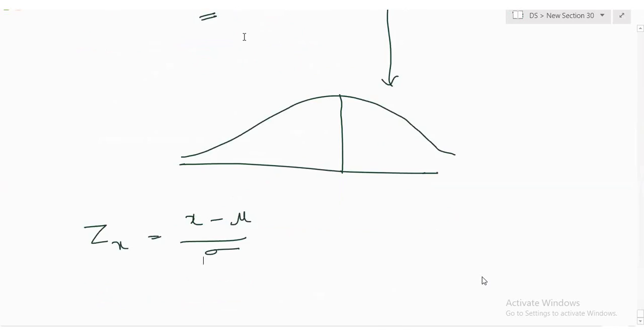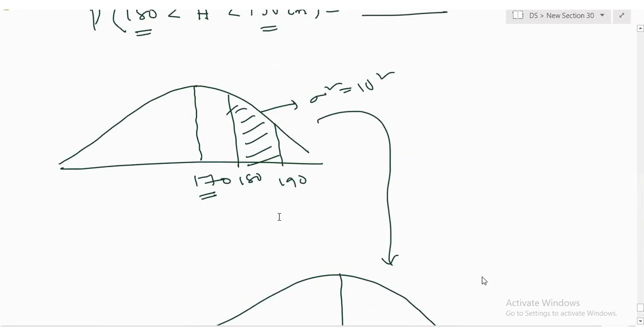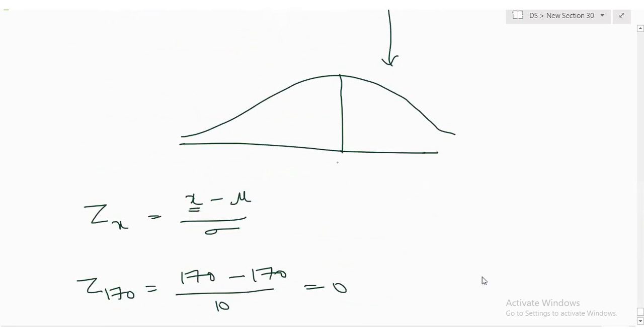So now I want to find out Z170. In place of X, I need to substitute the 170. Its mean also 170 divided by standard deviation 10. So this is equivalent to 0. So corresponding to 170, I need to plot 0 here. All are with me?